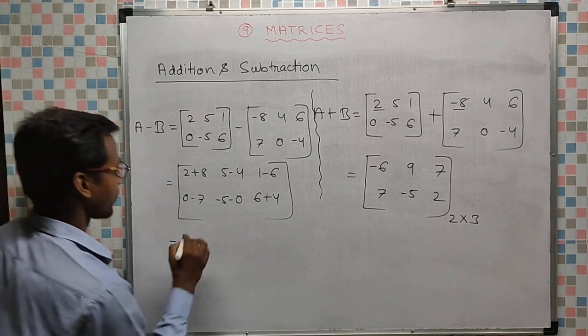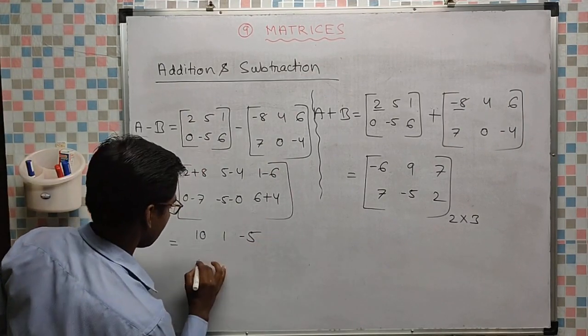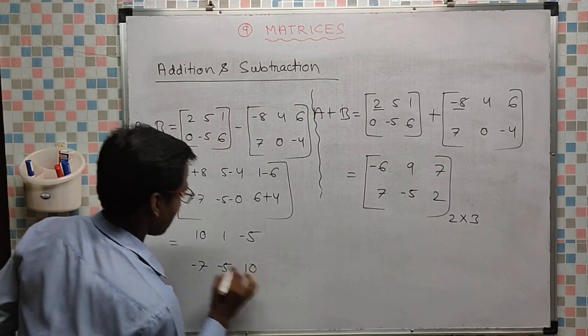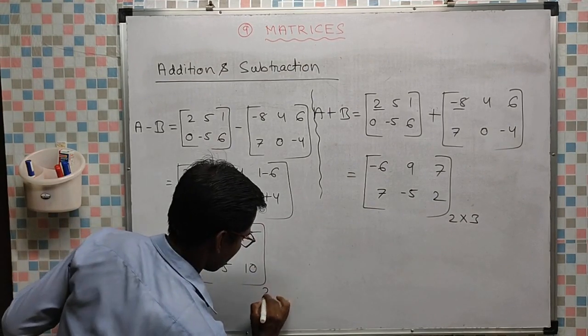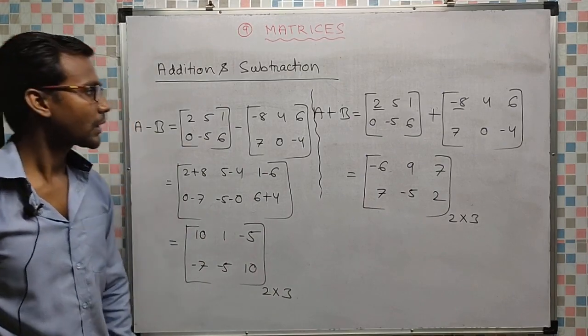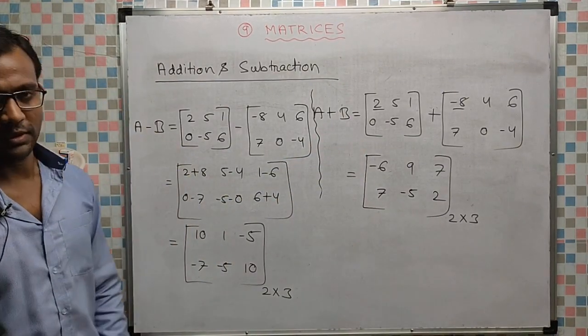So this will give you 10, 1, minus 5, minus 7, minus 5, 10. So this is A minus B. Its order is the same, 2 by 3.